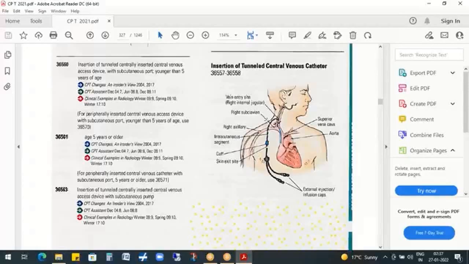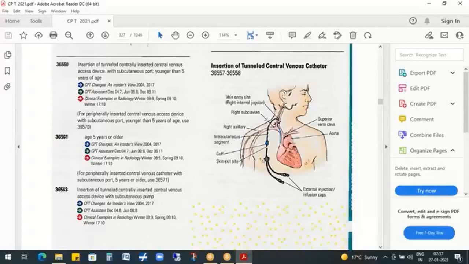Is that clear, everyone? Age we need to look for. Okay, next point. Catheter or device. Now you came to know the difference between catheter and device, everyone. Any doubt in this point? Okay, next one.